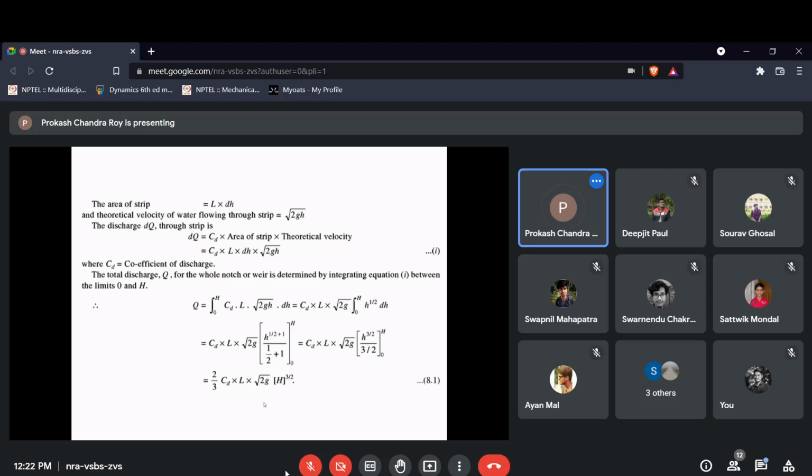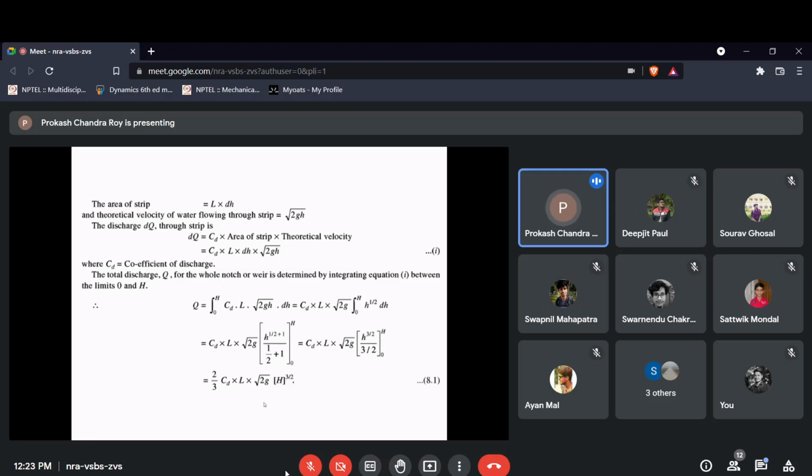In our experiment, our intention is to determine CD. When you purchase a V notch, they will provide the CD. So by measuring only the height and multiplying with CD, we can directly estimate the actual discharge. That is our intention. Understood? Yes, sir.